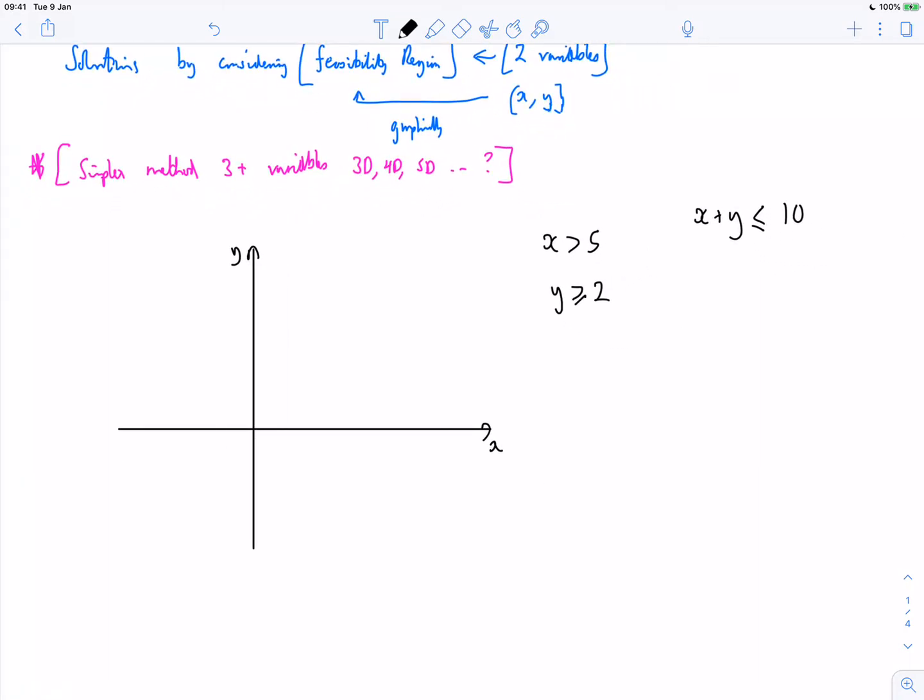Okay, so what's going on here? Well, this inequality would be represented, as you'd expect, with a vertical line, but dashed because it's a strict inequality, and we want everything greater than 5, so I want that side of the line.